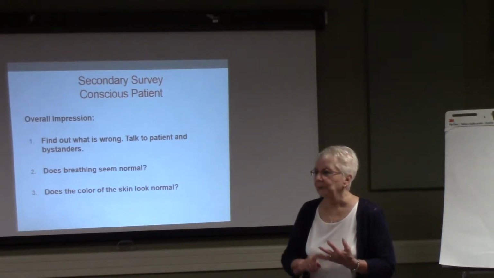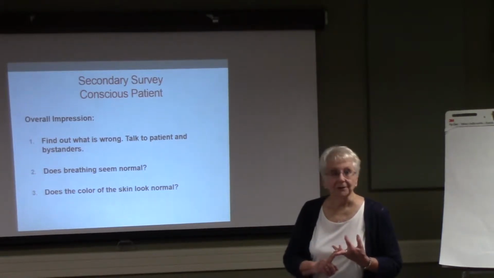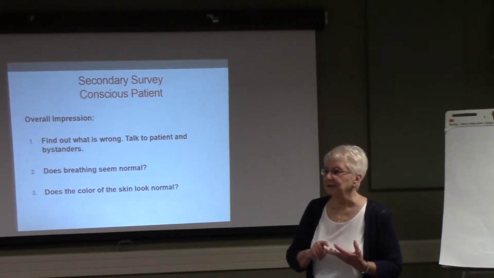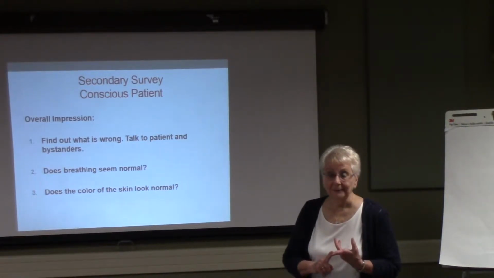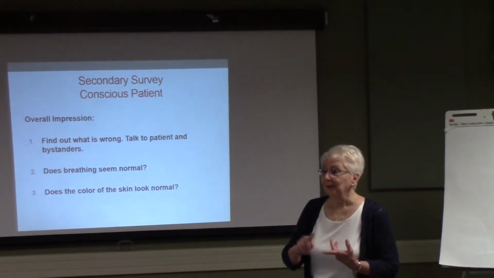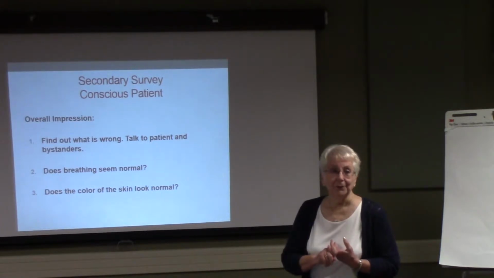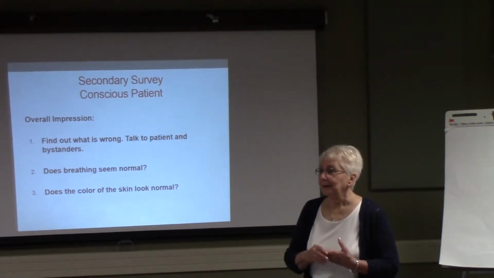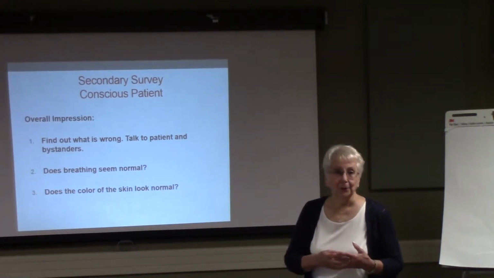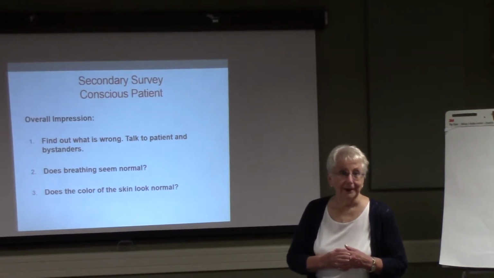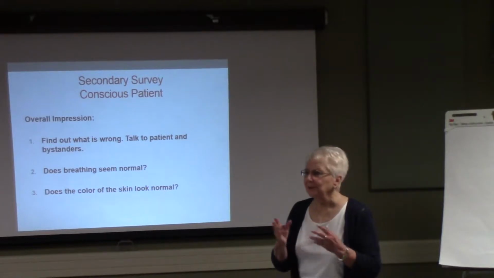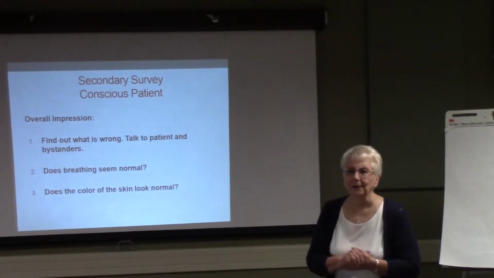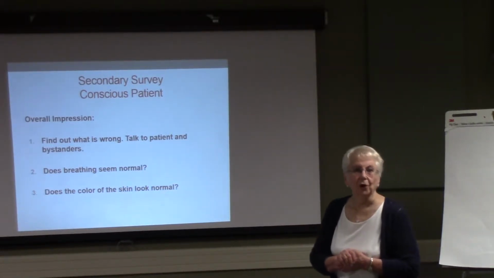Waxy, blue, red, bright red when someone's choking and they don't have oxygen. So check their color. Is it pale? Is it gray looking? As a healthcare worker, I know you are able to, in a crowd, see somebody who looks pretty gray and you think, they must have a heart problem or something. But look at their color and you can tell that something is wrong.